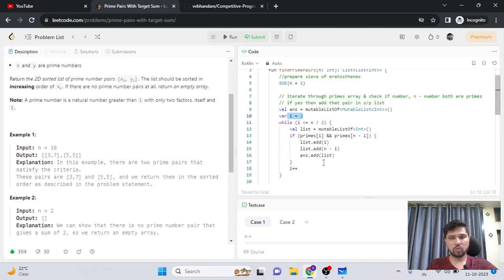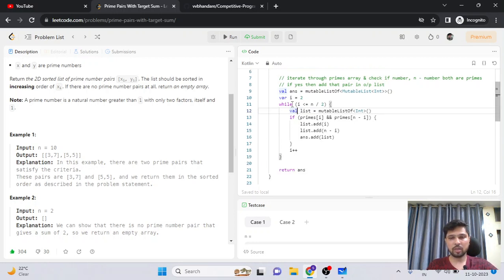The similar case for 2 as well. We don't need to traverse the entire array, because if you get the left half of the number, then the remaining side will directly give the answer.